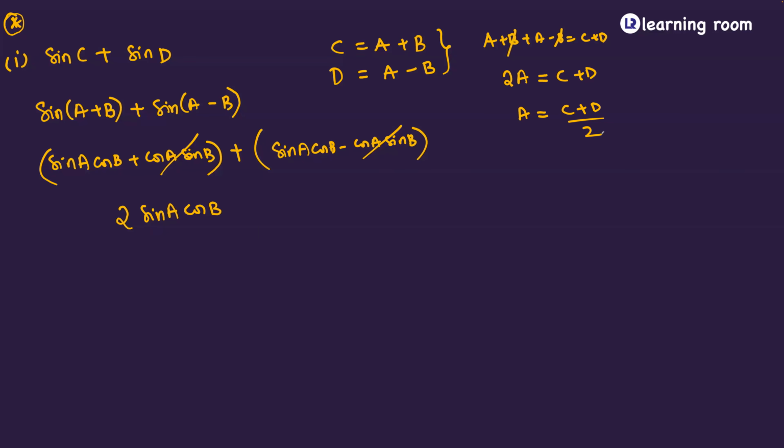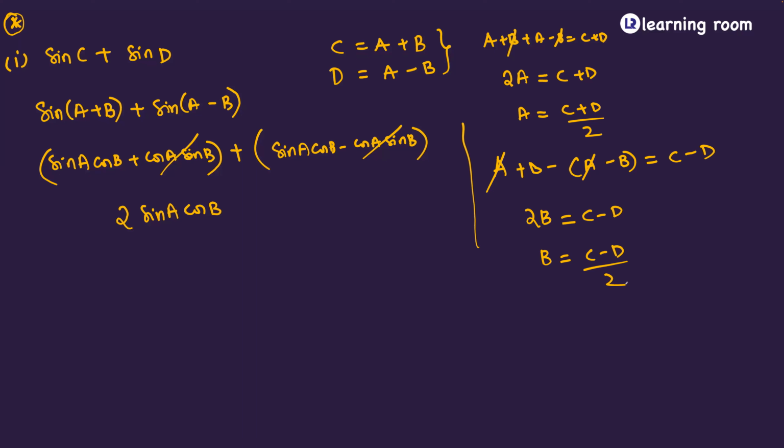Similarly, if I subtract these two, in the sense A plus B minus of A minus B, I get C minus D. So A and A are gone. 2B will be equal to C minus D. B will be equal to C minus D divided by 2. So take these two values and plug it here.